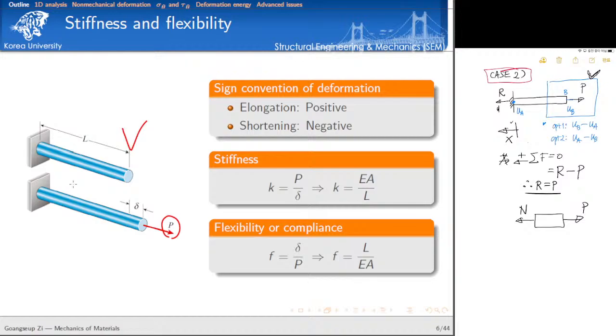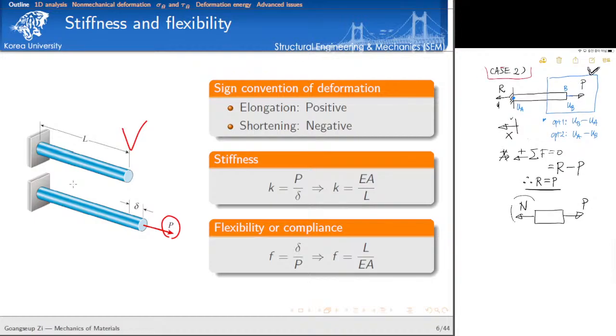Okay, if the member is stretched by this internal force, then its sign is positive, isn't it, right? So that's why I want to consider this default direction of internal force, which stretches the material. Okay. So here, using the force equilibrium, the magnitude of internal force is equal to the magnitude of external force P. Same.